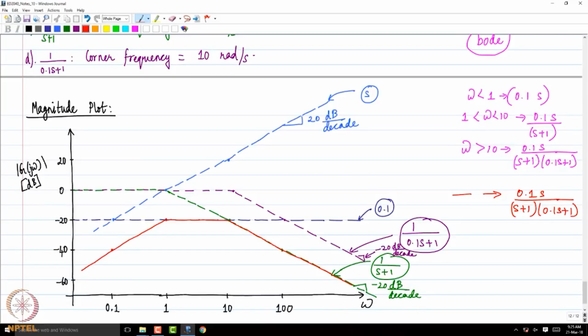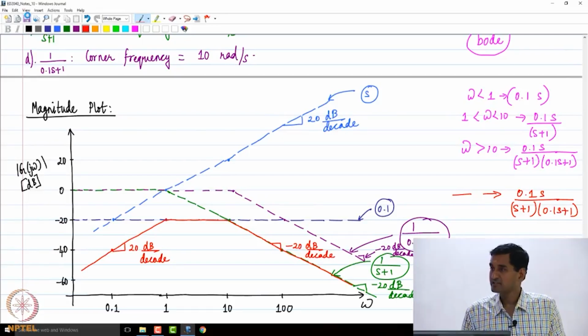Here in the low frequency region the slope is going to be plus 20 decibels per decade, and in the high frequency region the slope is going to be minus 20 decibels per decade. Okay. So, this is how we get the magnitude plot of the complete transfer function. Is it clear? Fine.